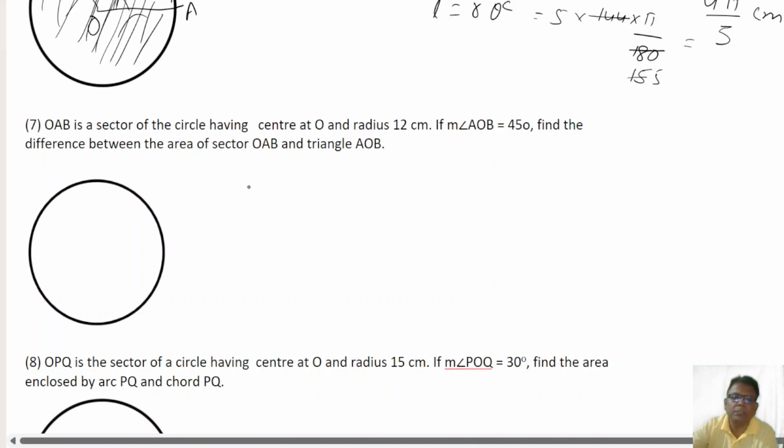Question number 7: radius is 12 centimeter and this angle is 45 degrees. Then find the difference between the area of the sector and the triangle. So we have to find this triangle also.